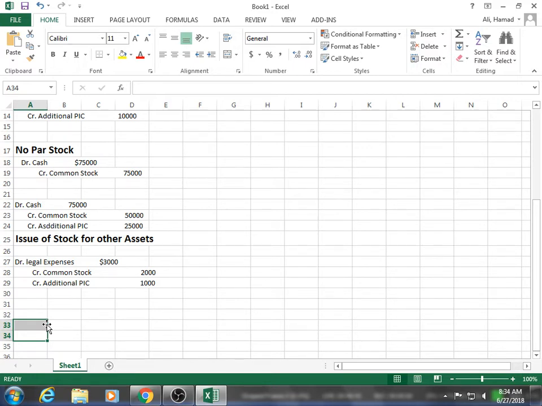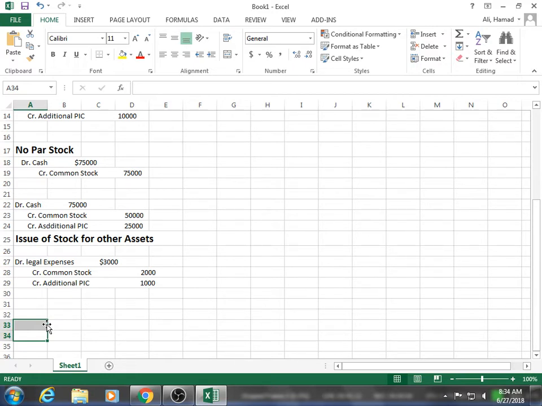Issuance of stock for non-cash assets when the market value of the stock exists. Now we know the market value of the shares, but we don't know the value of the asset. In the next example, 2 years later, Rexio exchanged 500 shares of its $10 par value common stock for a piece of land. At the time of the exchange, Rexio stock was selling on the market for $16. But we don't know the value of the piece of land.